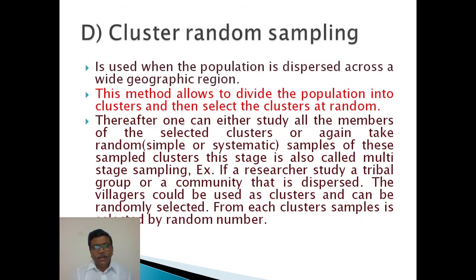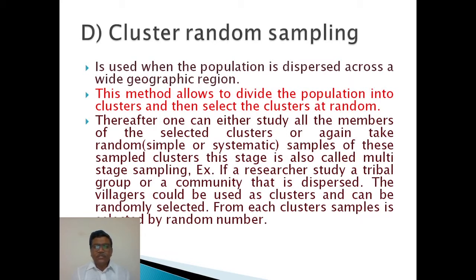Next, cluster random sampling is used when the population is dispersed across a wide geographic region. This method allows one to divide the population into clusters and then select the clusters at random. Thereafter, one can either study all the members of the selected clusters or again take simple random or systematic samples of these sampled clusters.